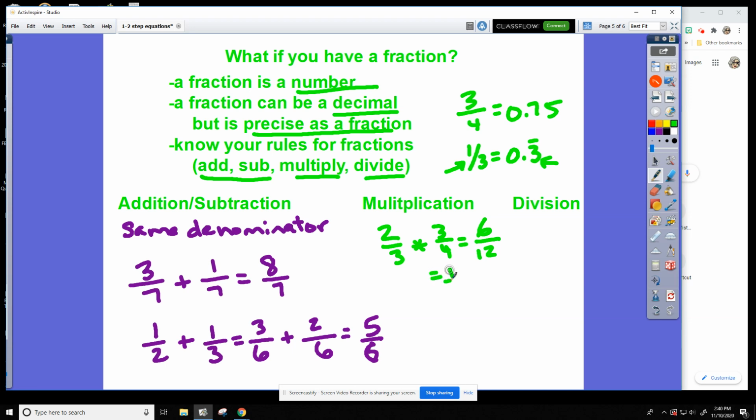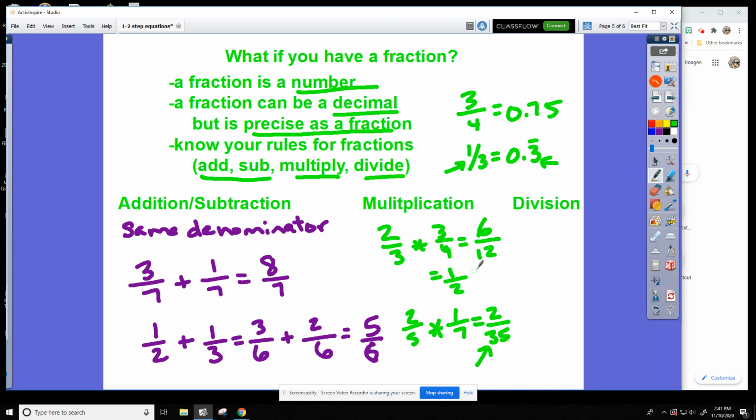And 6/12 reduces to 1/2. So if I have 2/5 times, say 1/7, I get 2 times 1 is 2. 5 times 7 is 35. Final answer at that.